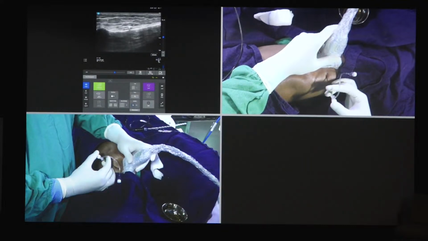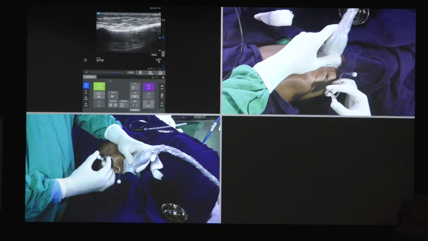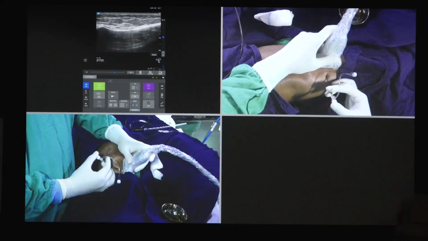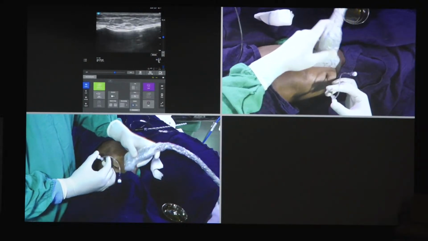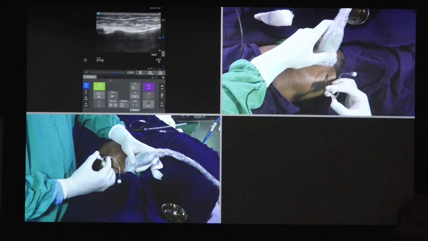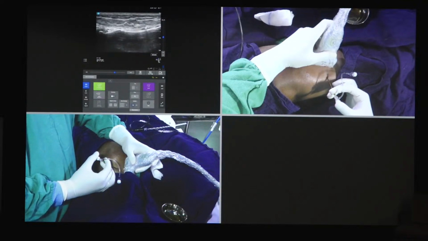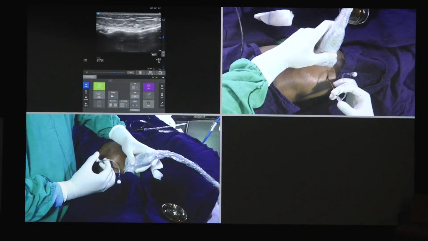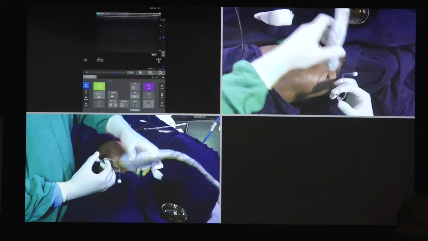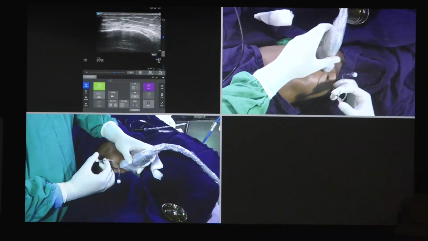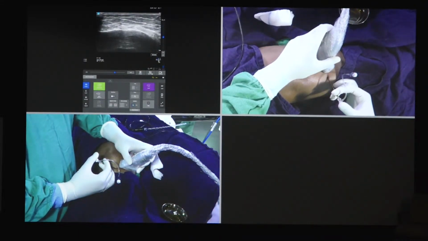So you can see the needle in short axis now again, and it is close to the junction of the shaft and condyle. So I think we might need to reposition slightly. The color, please. I think we have it there.